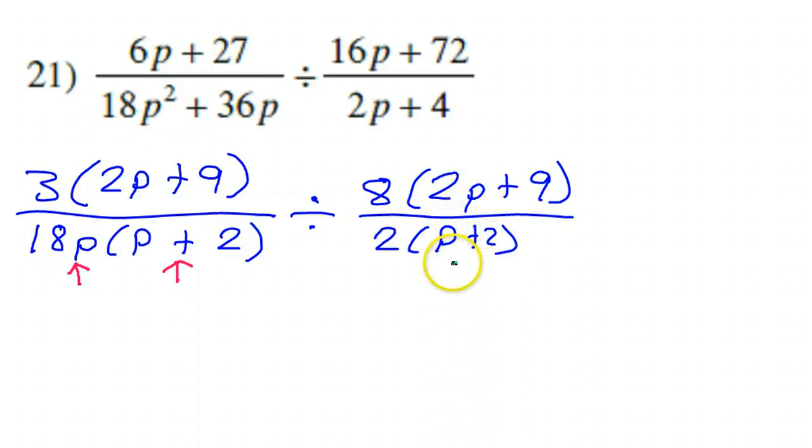None of it. So that will give me a restriction, and this will give me a restriction as well. From this first arrow, my restriction is p cannot equal 0, because just p can't be 0. If p plus 2 can't be 0, that means p cannot be negative 2.